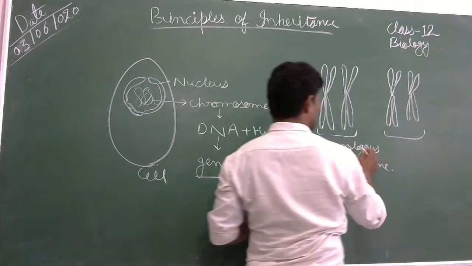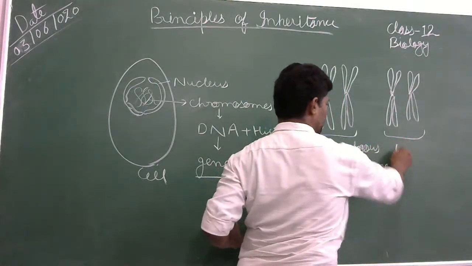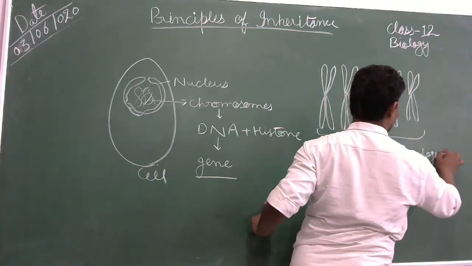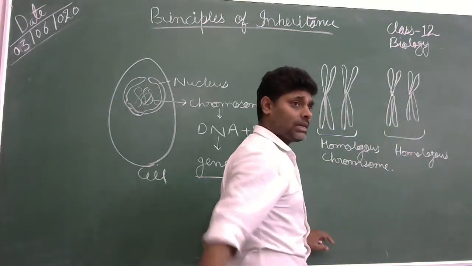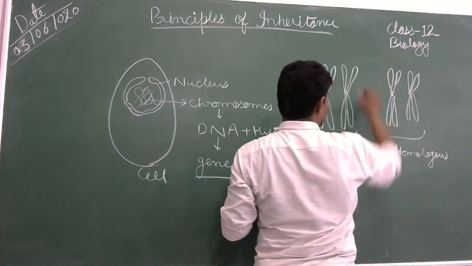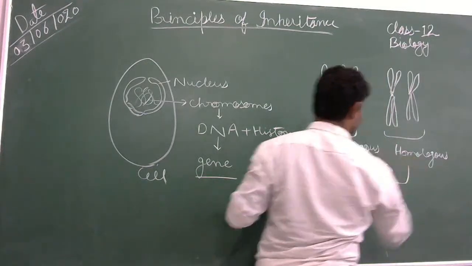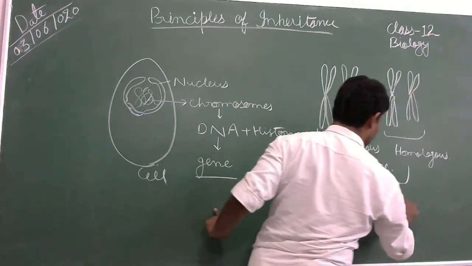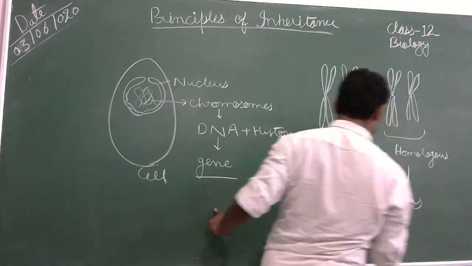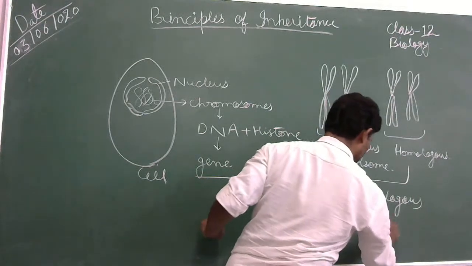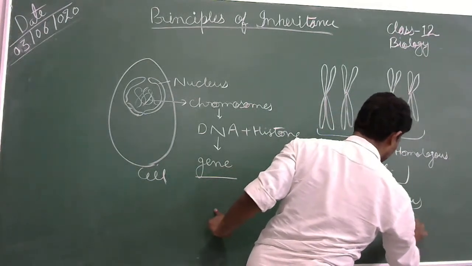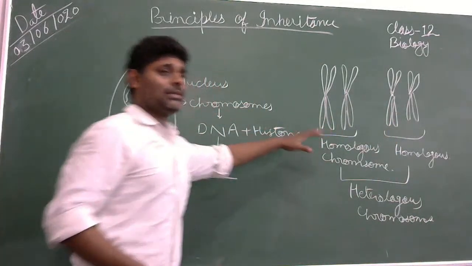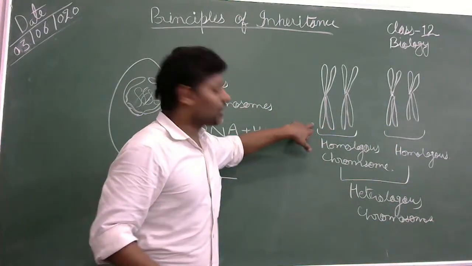This is the homologous chromosome. This is another set, but this and this are the heterologous chromosomes. Clear? Means a set of chromosomes.